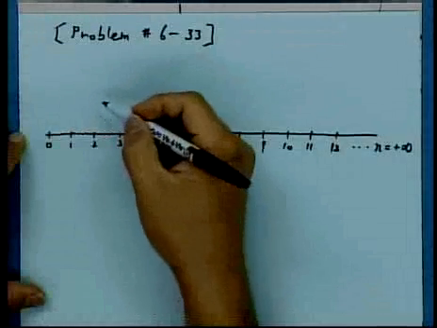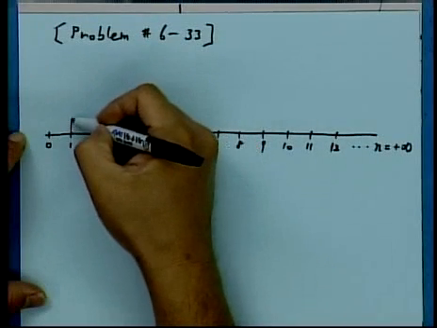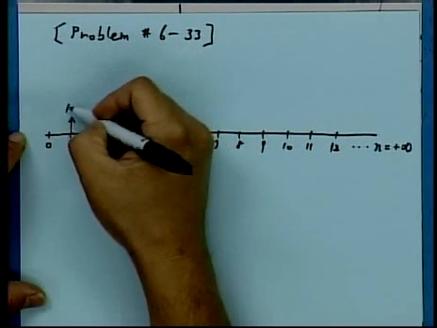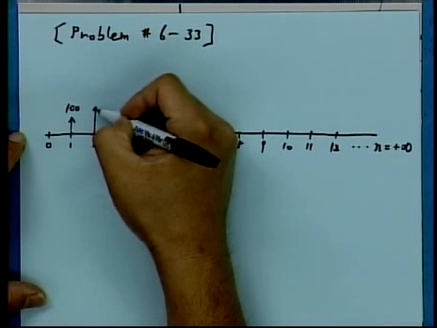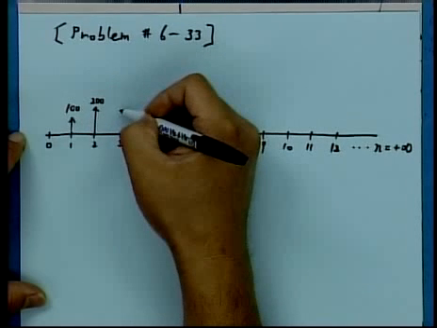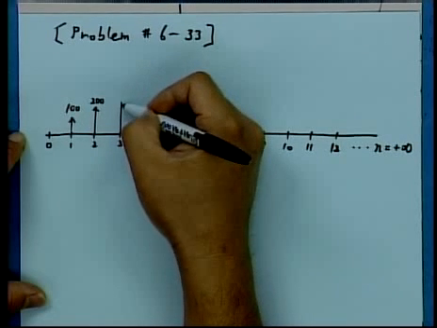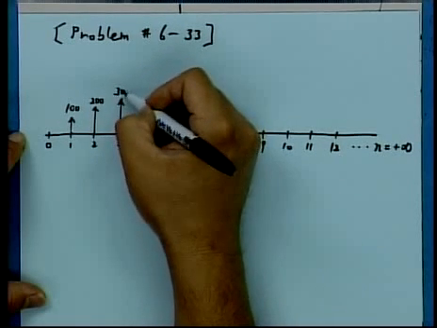At the end of period 1, there's 100. At the end of period 2, 200. At the end of period 3, 300.